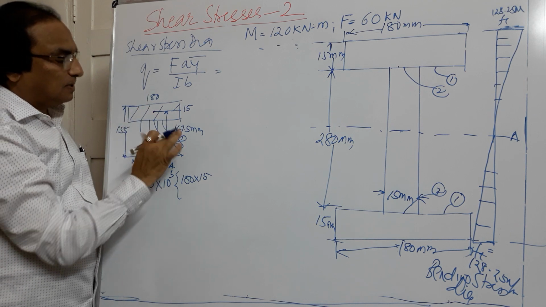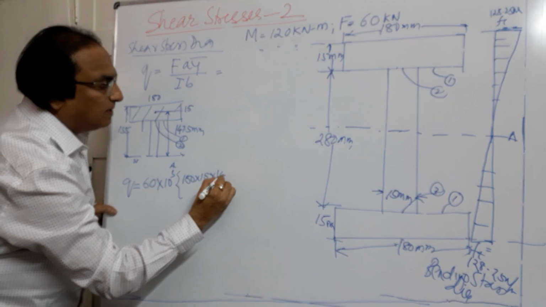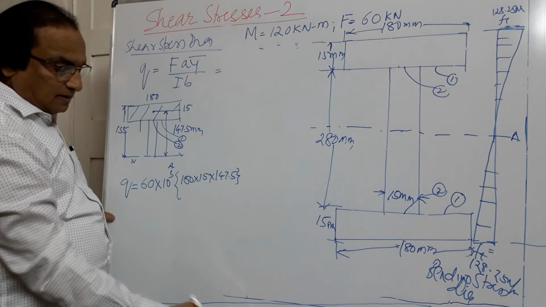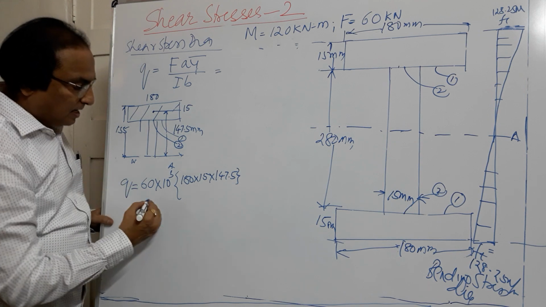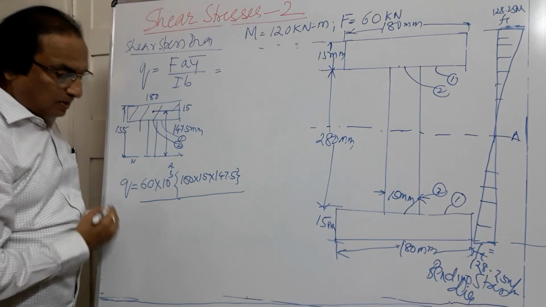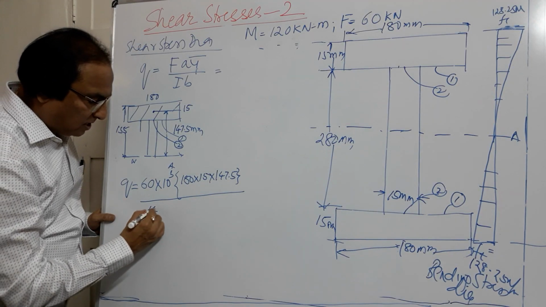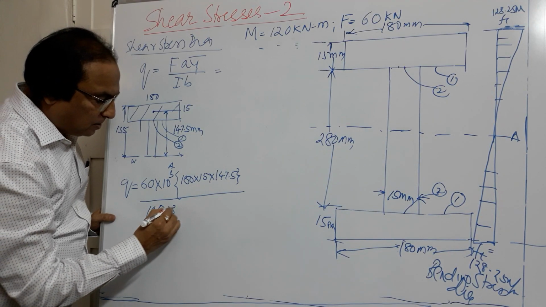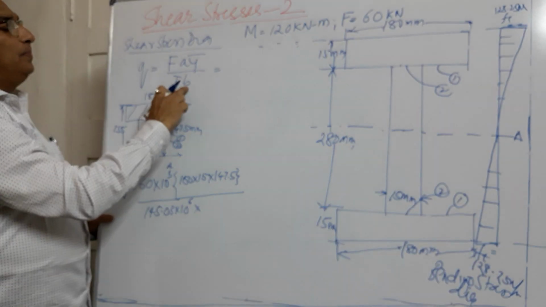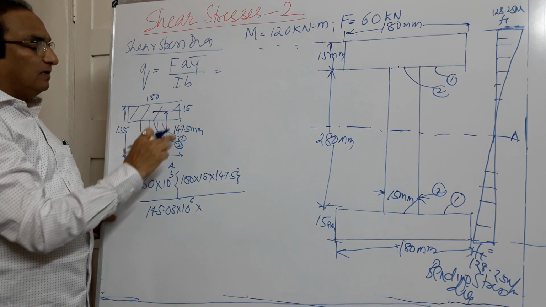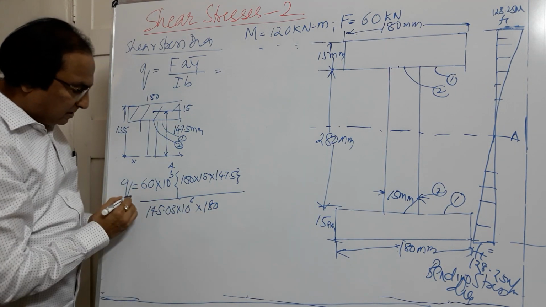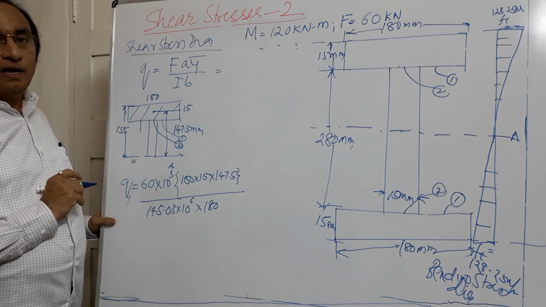So this distance will be equal to 147.5. A into y, this I will divide by I. We have seen the moment of inertia as 145.03 into 10 to the power of 6, into B. And what is the width at level 1? It is 180. So this is the stress at level 1.